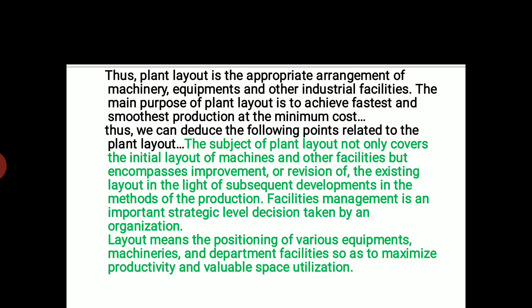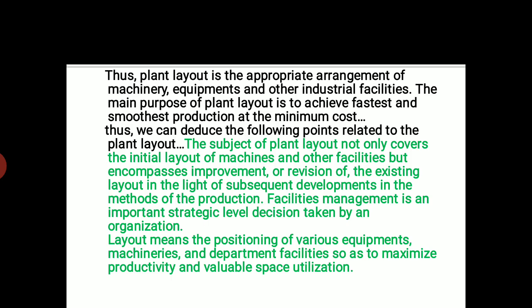So, we can say that in the previous lecture, plant layout is the appropriate arrangement of machinery, equipments, and other industrial facilities. The main purpose of the plant layout is to achieve the fastest and the smoothest production at the minimum cost. Thus, we can deduce the following points.